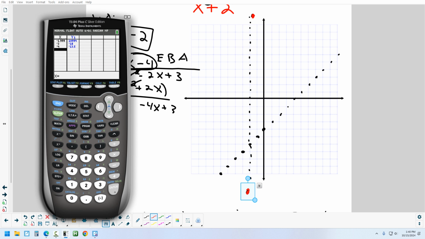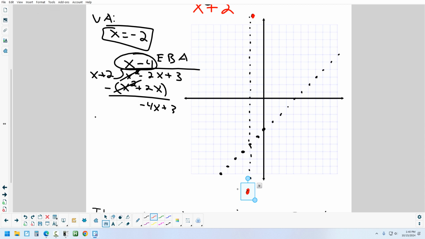So let's go -1, 2, 3, 4. 1, 2, 3, 4, 5, 6, 7, 8, 9, 10, 11, 12. Let's say 13.5 is about right there. So remember, these are going to be boundaries. This keeps going. This keeps going.